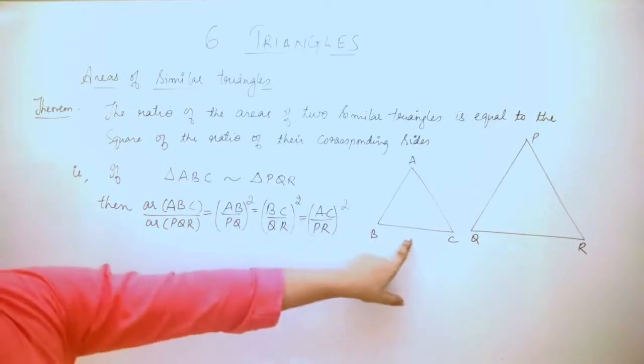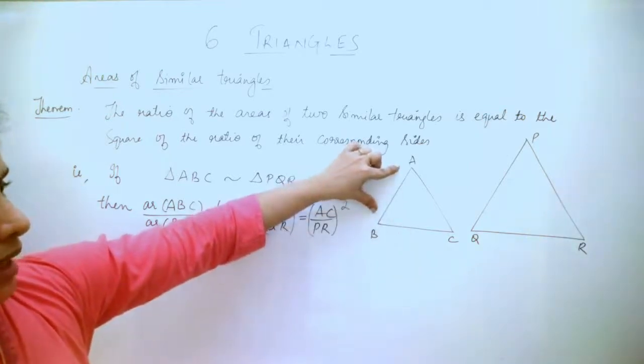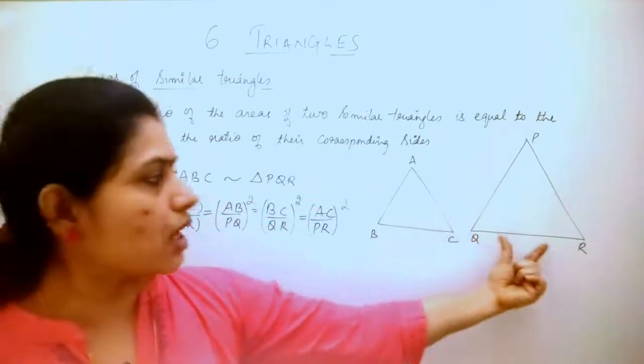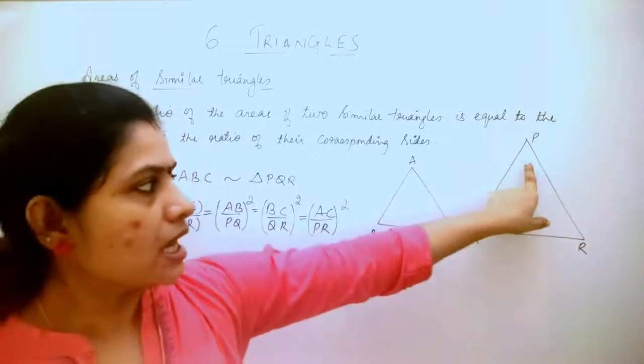Now check out the corresponding sides: when you take AB, the corresponding side is PQ, BC corresponding side is QR, and AC corresponding side is PR.